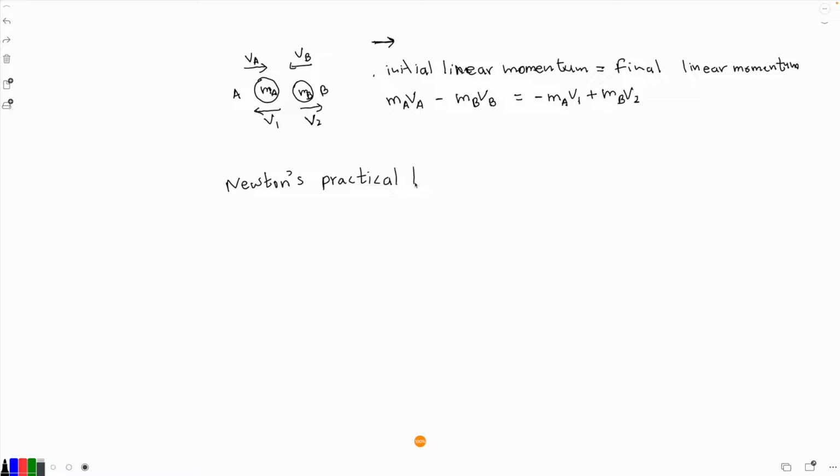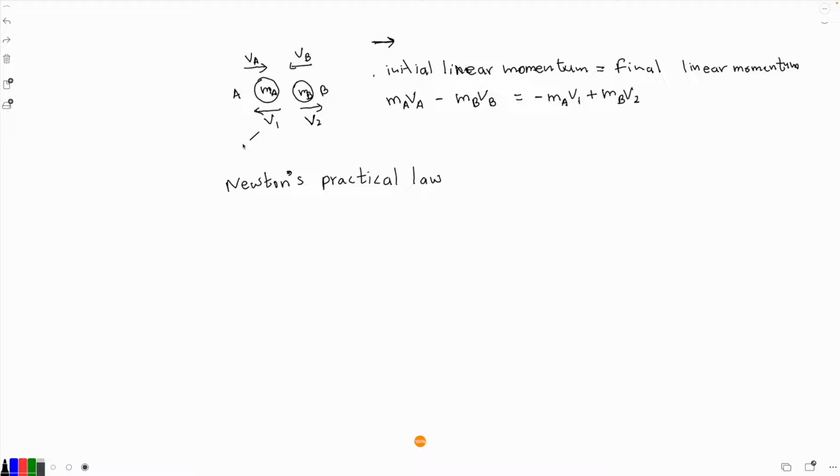Newton says that the ratio of the difference between final velocities to the difference between initial velocities is a constant. That's Newton's practical law.